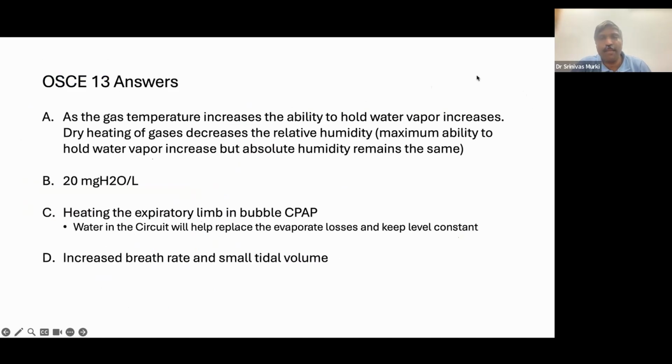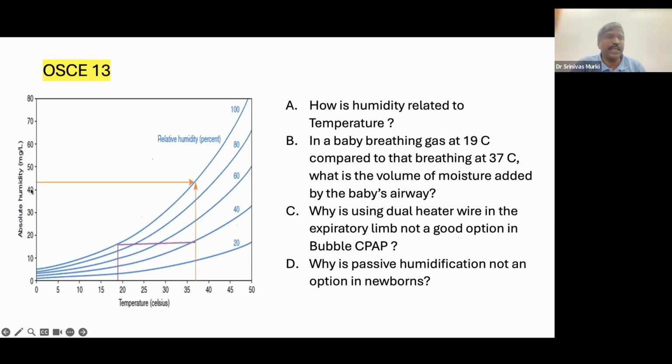So 24 ml per liter of air needs to be added by the baby if he's breathing at 19 degrees. So if you're keeping a baby in an air conditioned room, 24 ml of vapor has to be added, because from 19 degrees the gas will become 37 when it goes into the body.